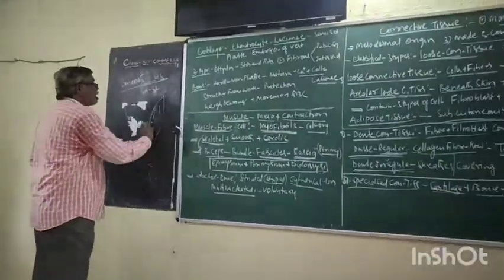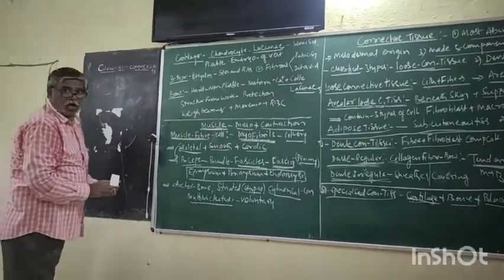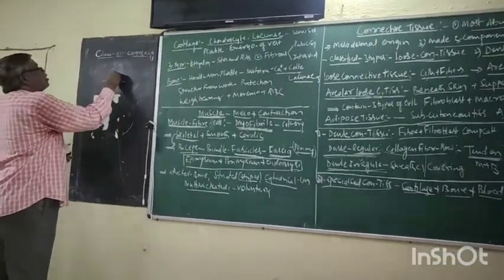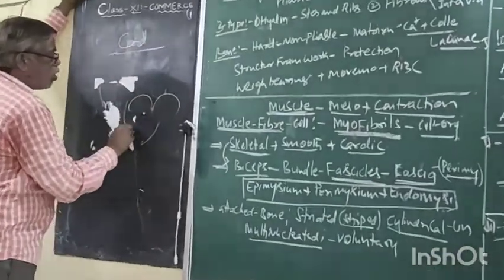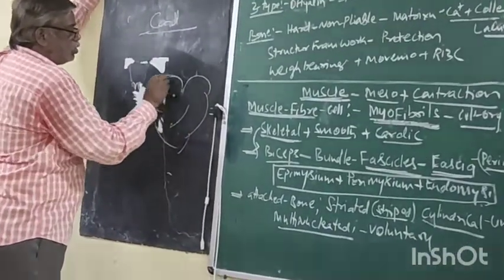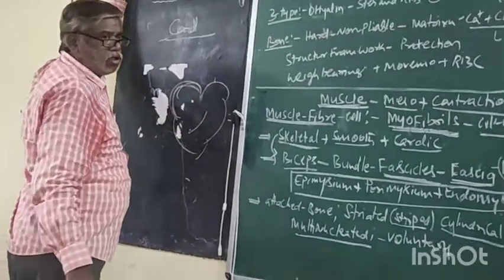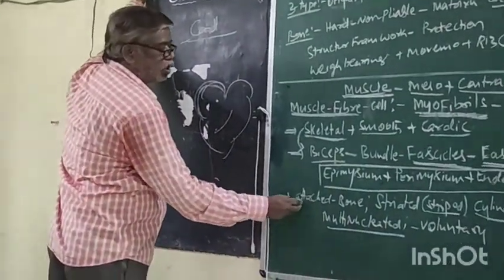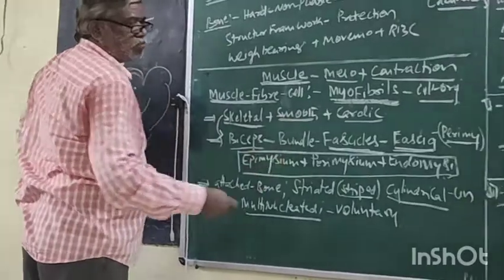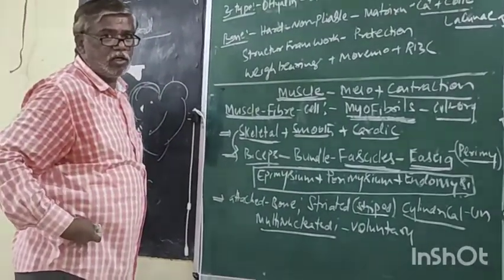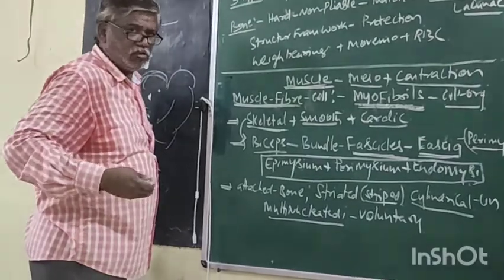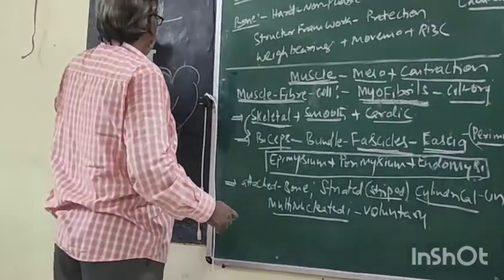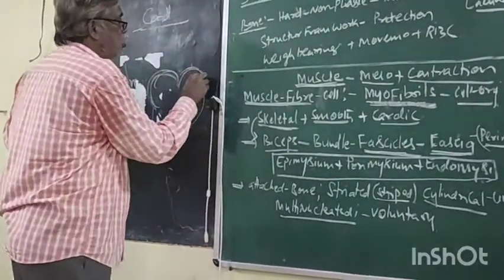Now come to the cardiac. The last one, cardiac. The name indicates the muscle which is present in the wall of the heart. It is the only location. Smooth muscle may be present in the renal gland, kidney, intestine, in many regions, but cardiac is present in the wall of the heart.